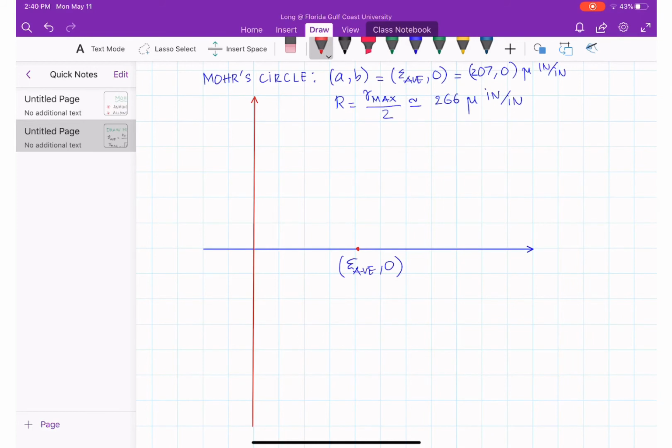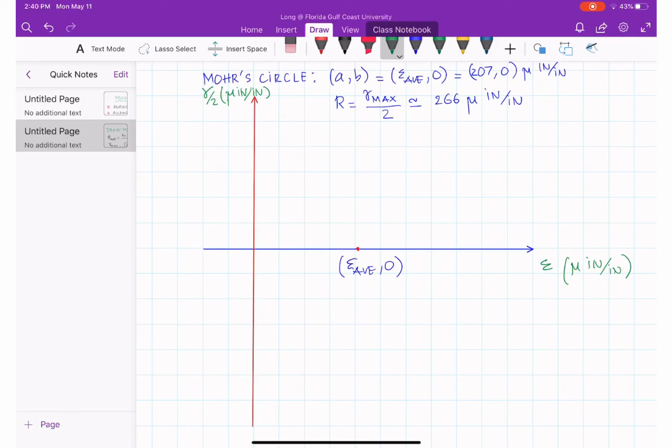So let's put epsilon here, in micro inch over inch, and gamma over 2, also micro inch over inch, for the vertical.